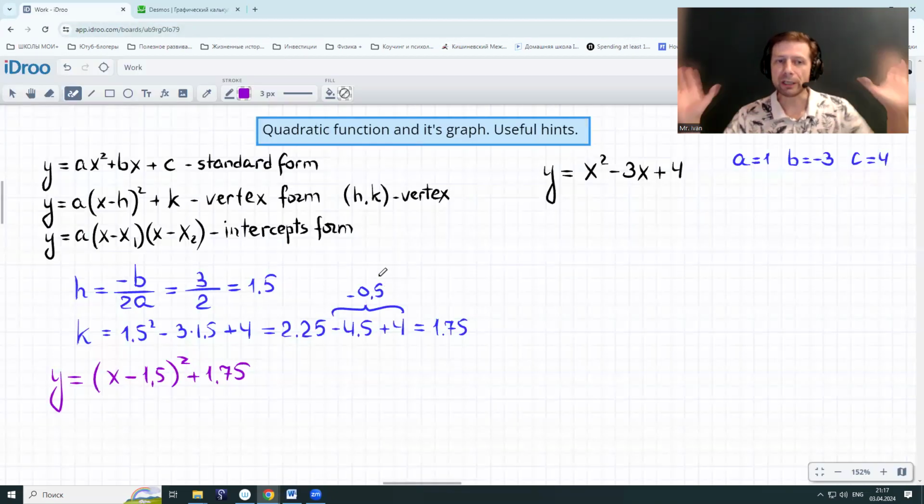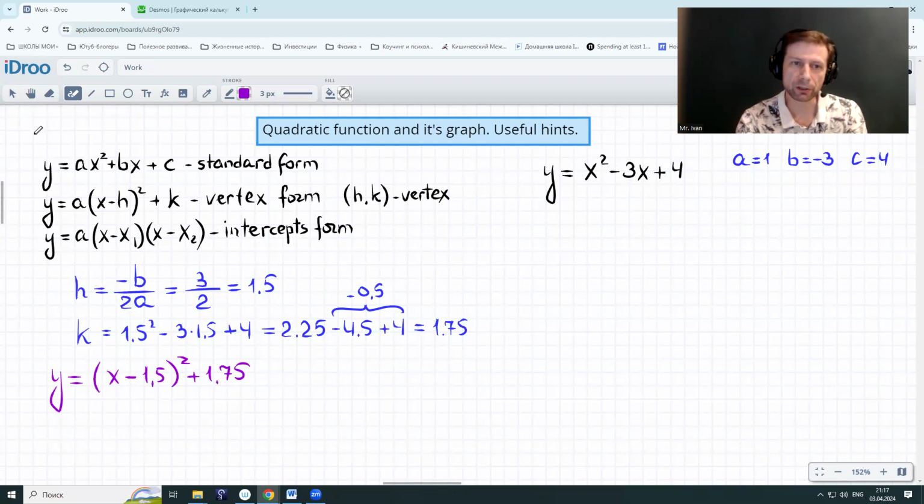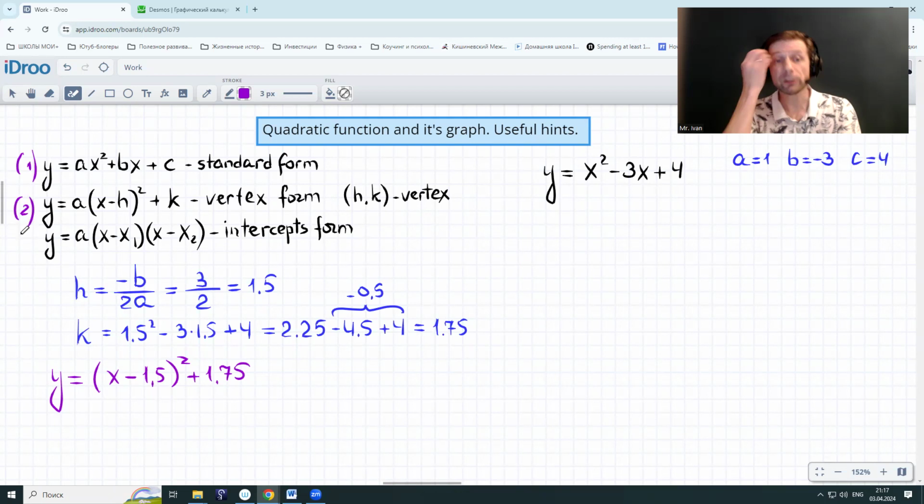So in any case, you can use the standard form. In any case, you can use the vertex form. But not in every case can you use the intercepts form, okay? It's not as universal as the previous two.